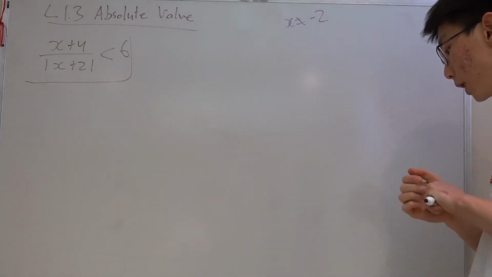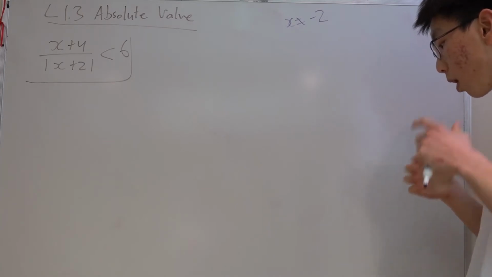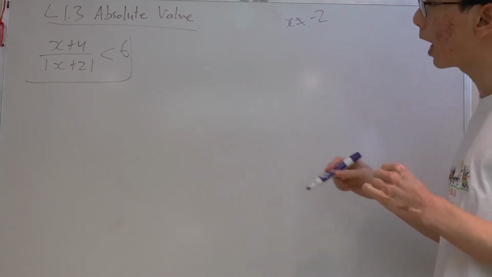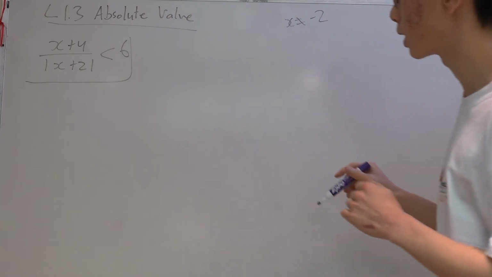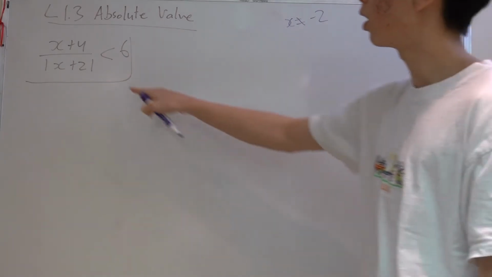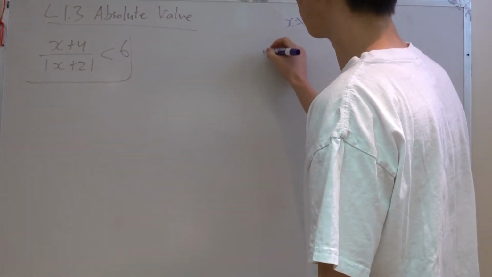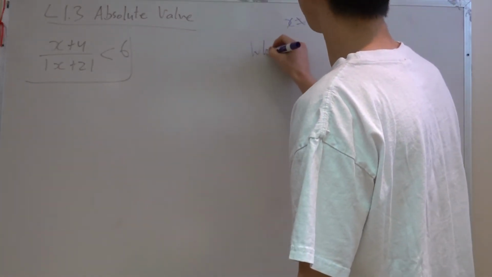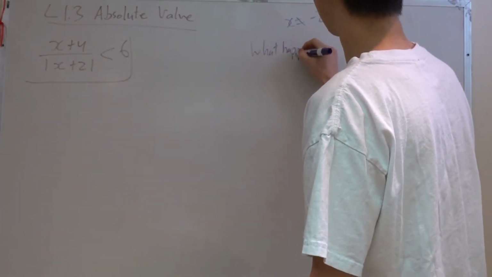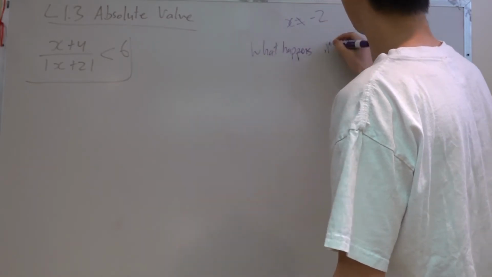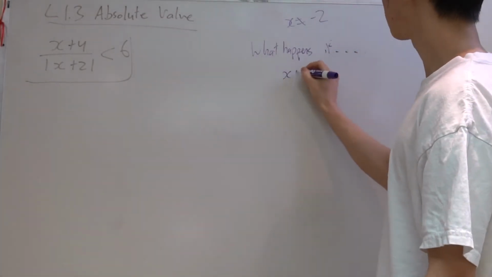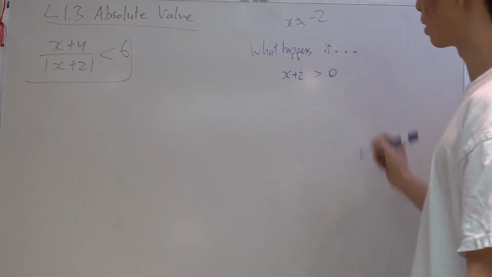So the first thing I'm going to do is try and think of what would happen in two different scenarios. And my two different scenarios are the things that happen with the absolute value bar. Okay? And they are the following. So what happens if x plus 2 is greater than 0?